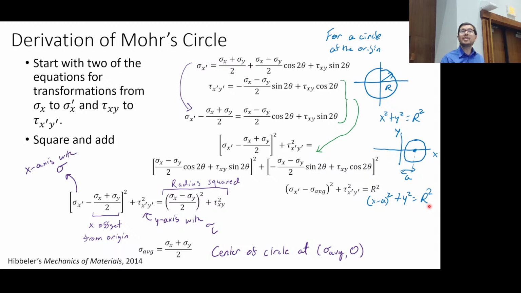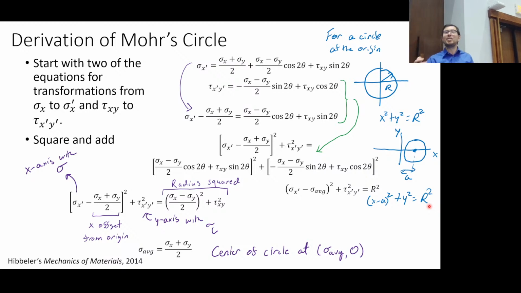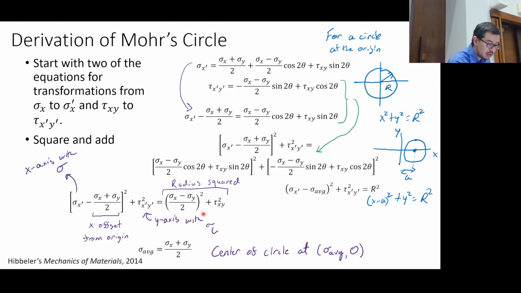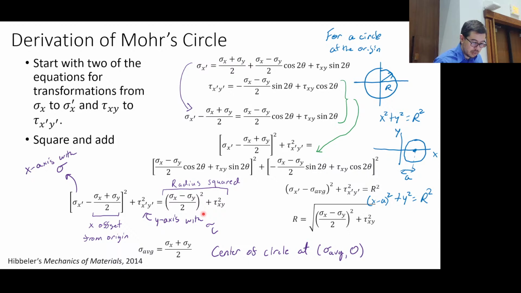Do you see that? Yes, Brennan. This is the radius squared, so we have to take the square root. So r is going to be equal to the square root of that thing.